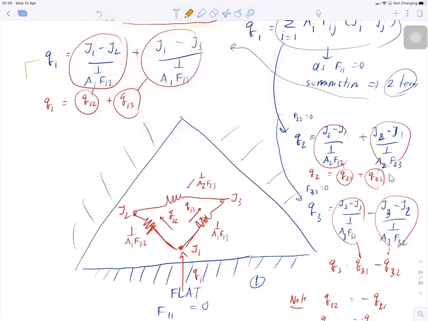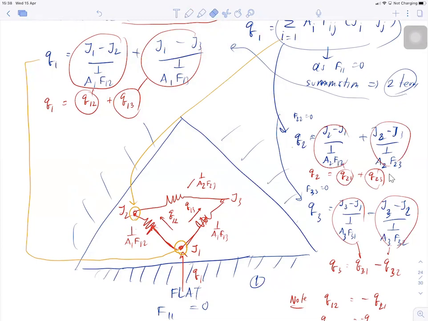Okay, this equation is going to be nodal analysis on J. This equation is going to be nodal analysis, oops, no. Nodal analysis here on this point. So, and this equation is going to be, is it?